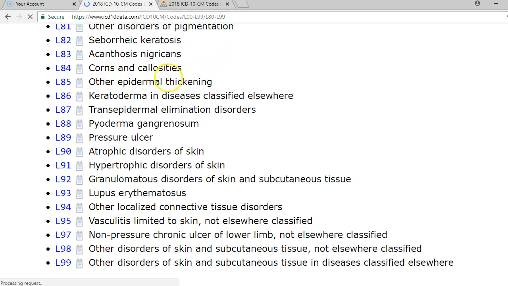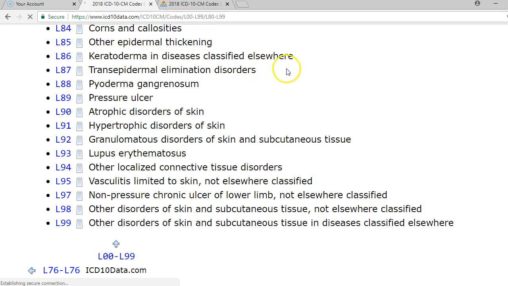Corns and calluses, the thickening of the skin, other epidermal thickening, keratoderma. So again, remember kerato, that's the keratin that really makes our hair and nails thick. Again, we're going to see things like other atrophic disorders and hypertrophic disorders of the skin, so the loss of skin and the excess growth of skin.